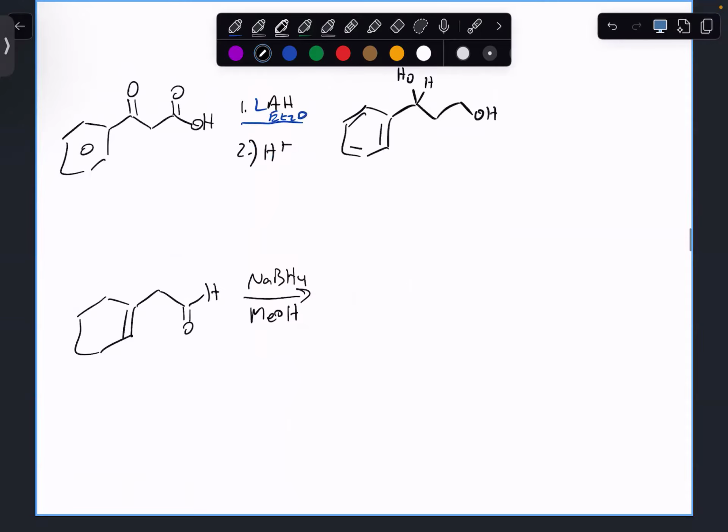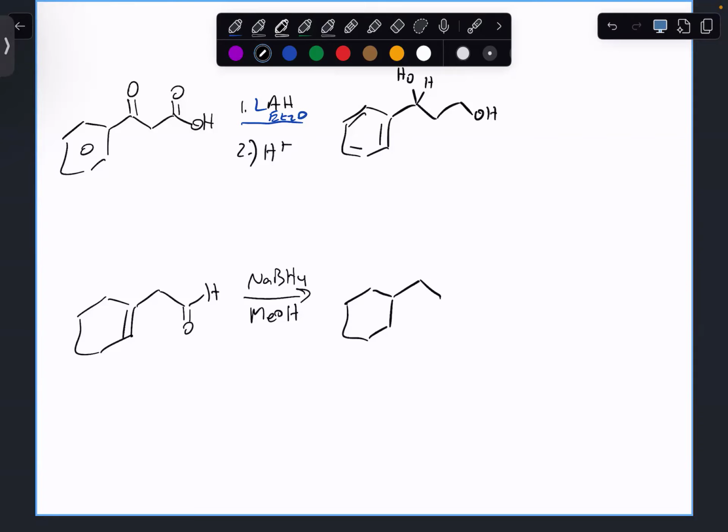What about this one? You can give me the product of that. So can borohydride reduce the aldehyde?